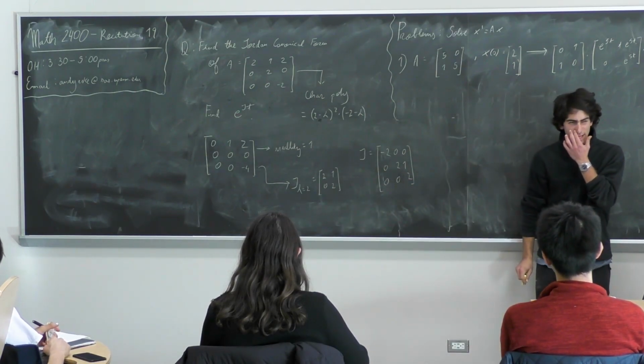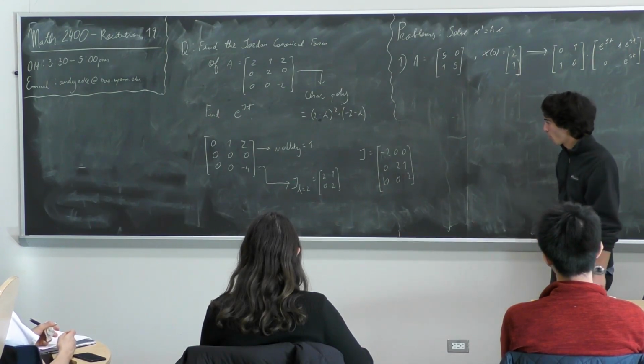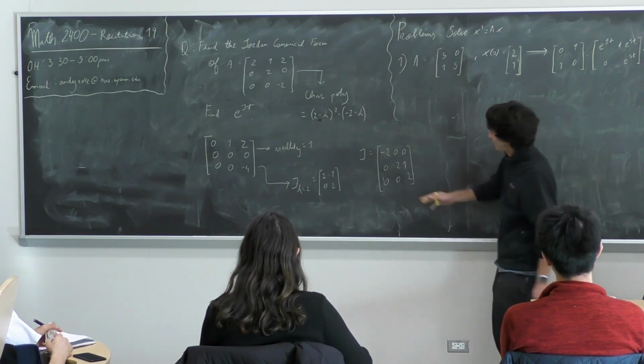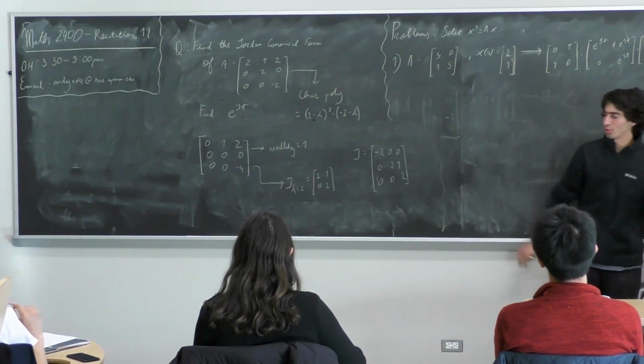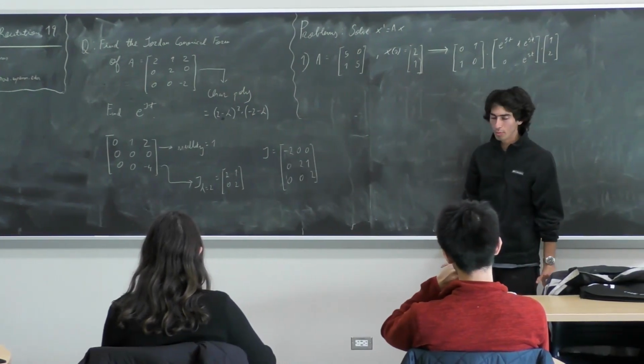So hopefully that makes sense, because it's from a couple of weeks ago. But now the question is, what is e to the Jt in there? That's the last thing, once you know what J is equal to.